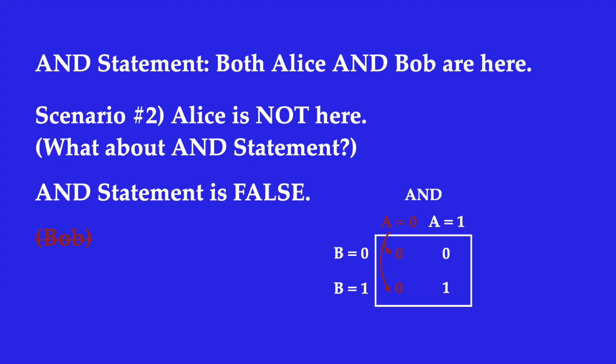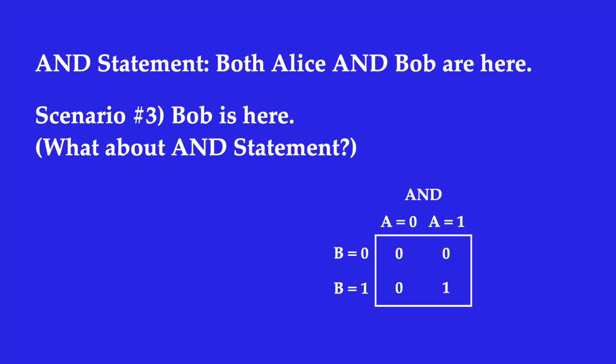In scenario number 3, this time we'll pick on Bob and ignore Alice. We'll say Bob is here. Now, what does this tell us about our AND statement? Since Bob is here, B equals 1, so we can go across the row and uh-oh. There are 2 values, a 0 and a 1.